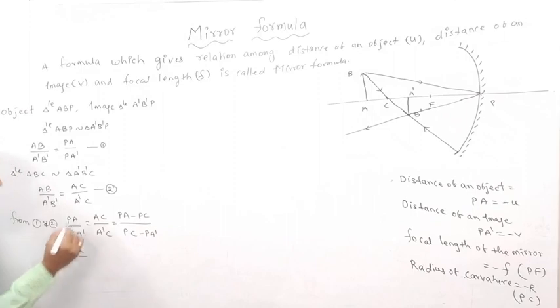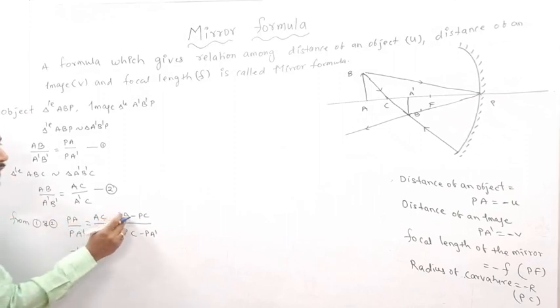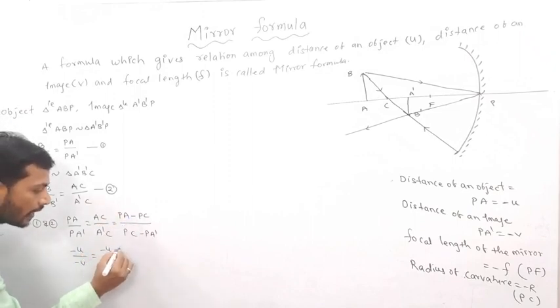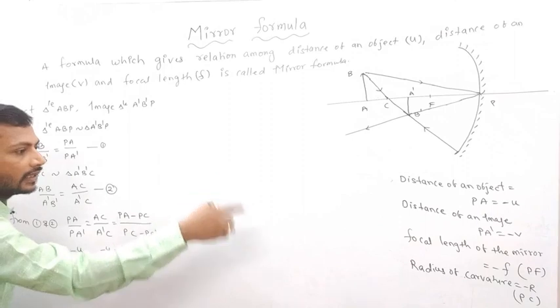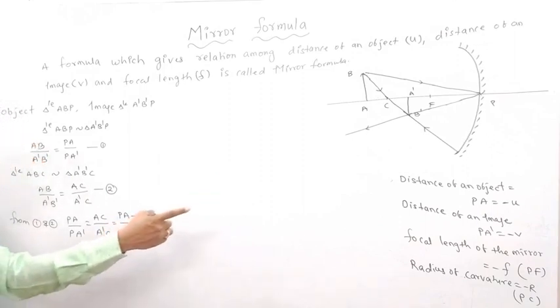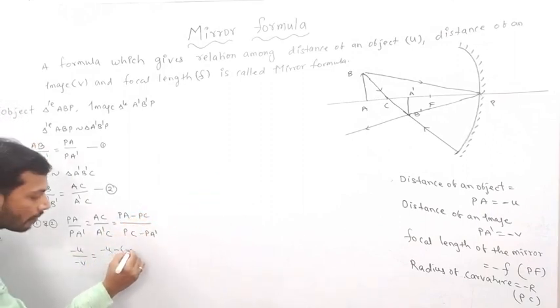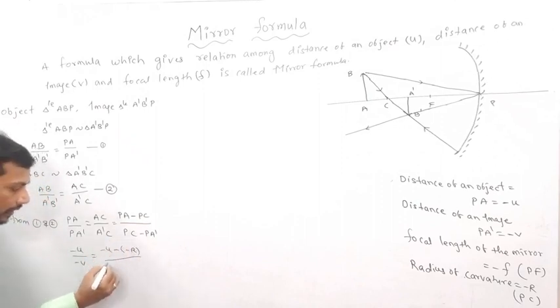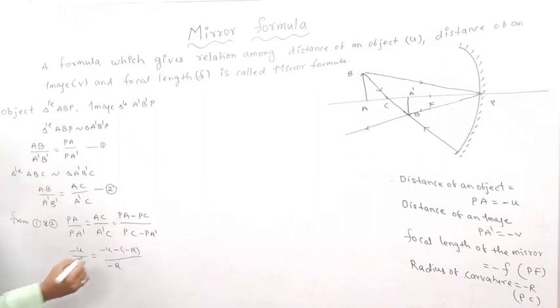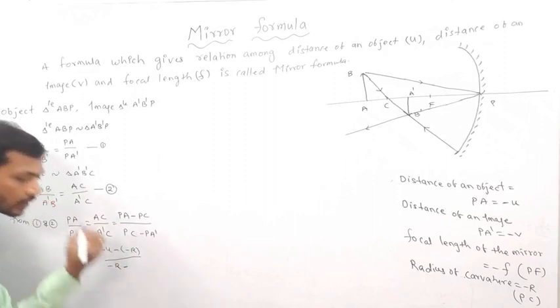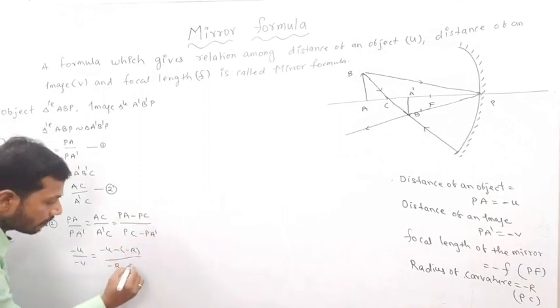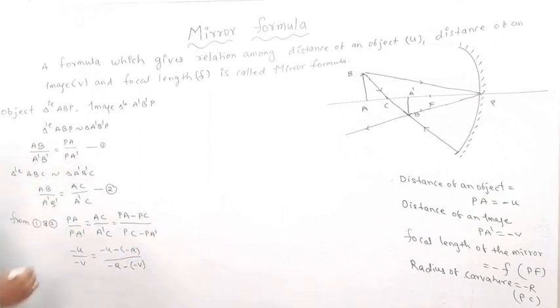Next, PA dash is minus V. PA is minus U, this minus again I am keeping here. What is the value of PC? PC value, you know very well, is minus R. Again here minus is there, children. Don't forget the signs. And PA dash is how much? Minus V, I am keeping there.